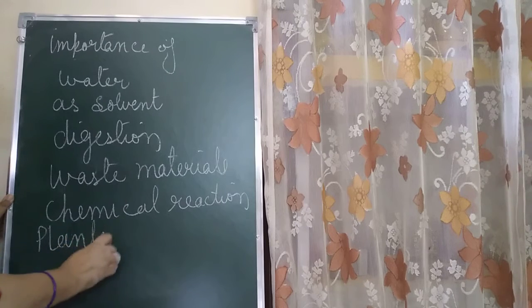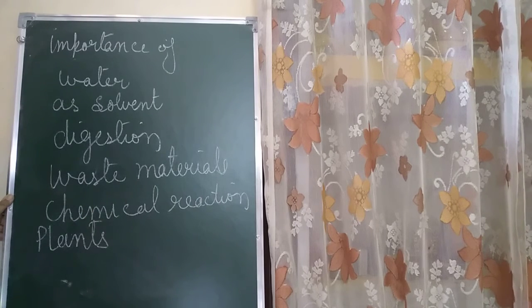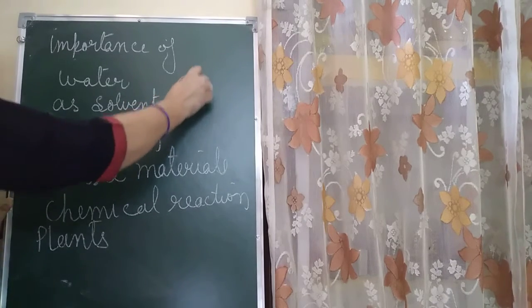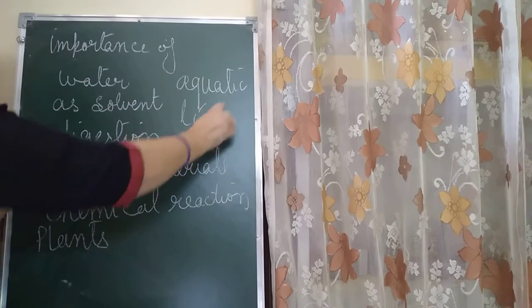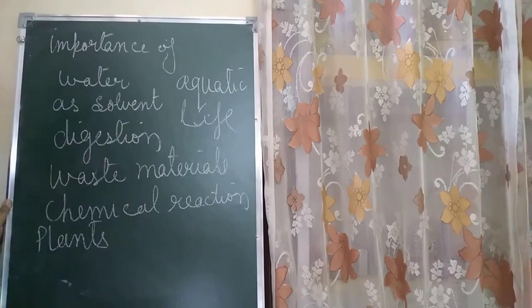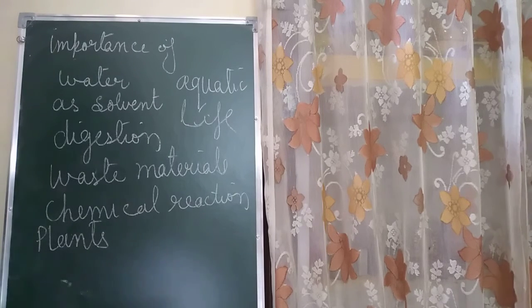Gases such as oxygen and carbon dioxide, which are soluble in water, are important for the survival of aquatic life, children. The solubility of gases in water decreases with increase in temperature.